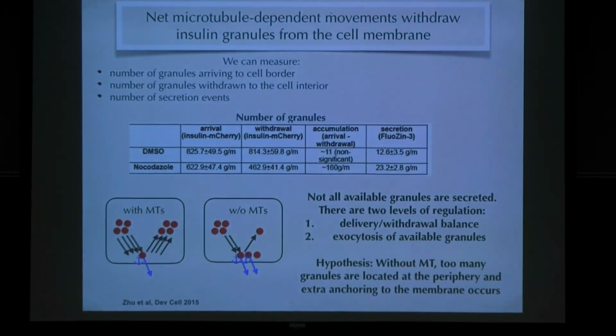And another one is an additional regulation, which regulates the exocytosis of available granules, which probably involves the mechanisms of exocytic machinery, including SNARE proteins and calcium-dependent activation of exocytosis. What we observe in nocodazole allows us to hypothesize that without microtubules, there are too many granules allocated at the cell periphery, and this allows for extra anchoring to the membrane, and results in extra secretion.